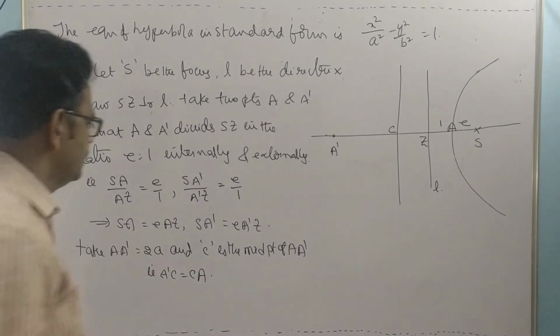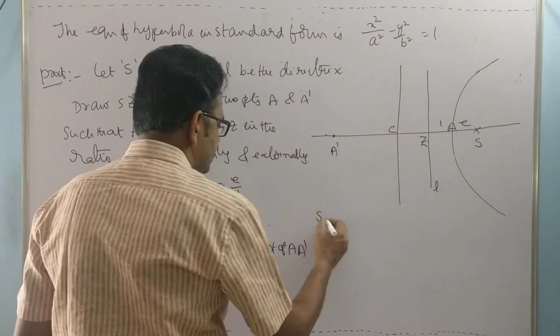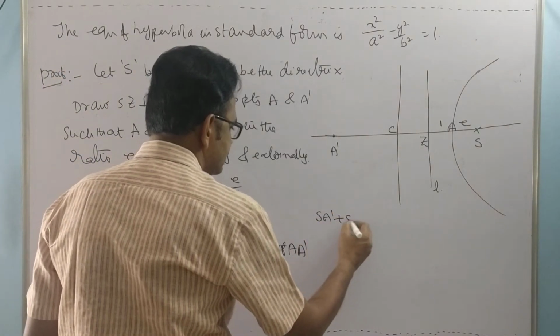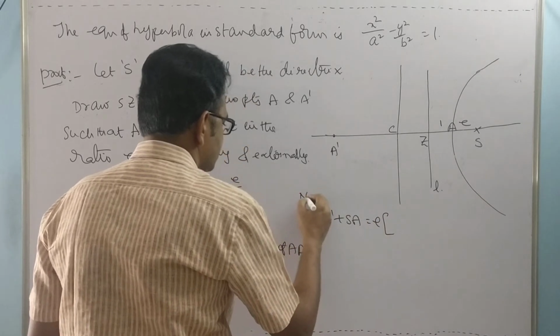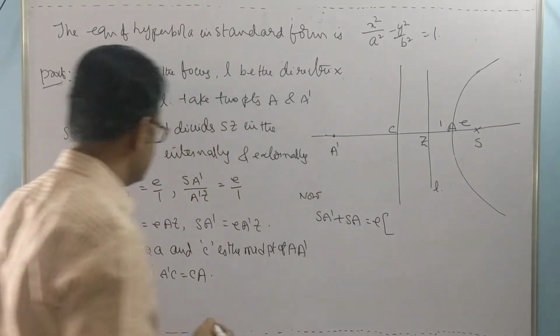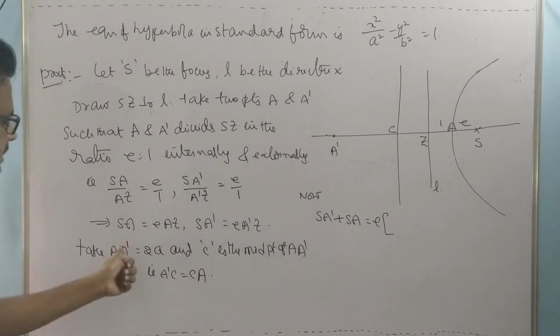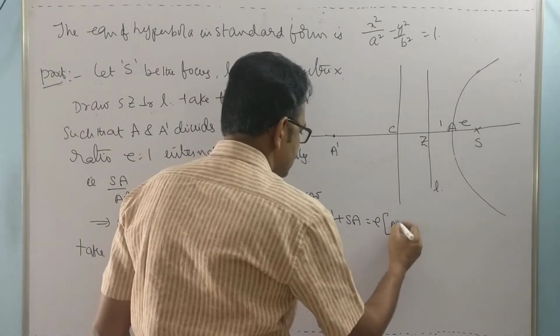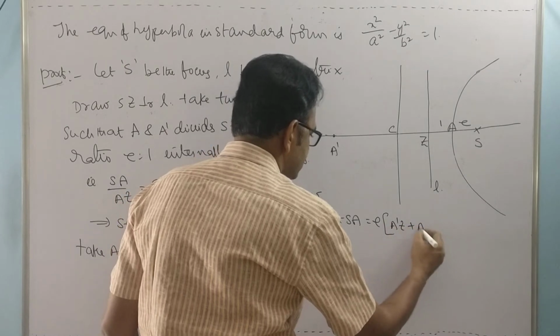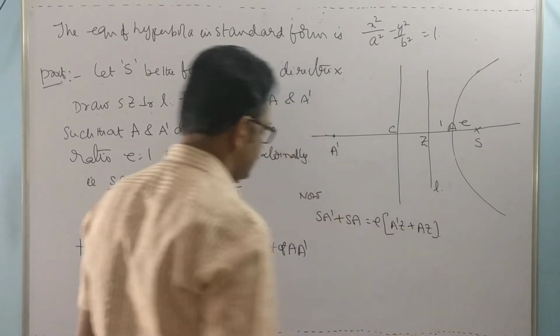Now you have to consider SA dash plus SA equal to, take e common, e into A dash Z plus AZ.